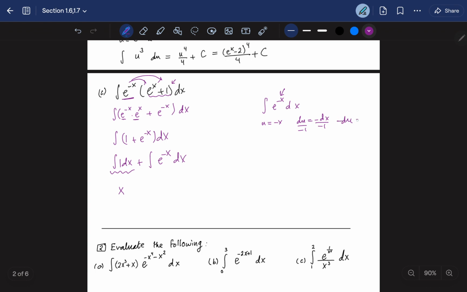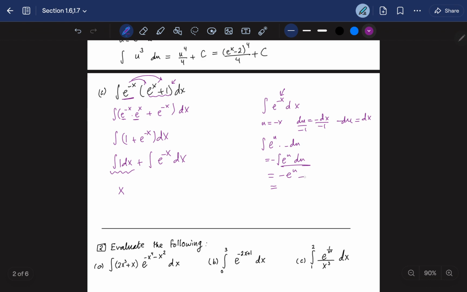So minus du is just my dx. If you plug everything back in, this is just e to the u times minus du. So this is just minus the integral of e to the u du. Using the antiderivative of it, this is just negative e to the u.